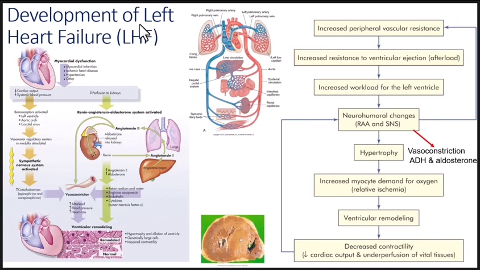Remembering back to the start of the lecture that the most common cause of left heart failure is ischemia to the heart, meaning that the heart muscle on the left side, that left ventricle, which we know is a larger muscle in order to be able to pump blood into our systemic circulation and perfuse our tissues. For some reason, there is ischemia to the heart muscle. It's not receiving enough blood to properly function.